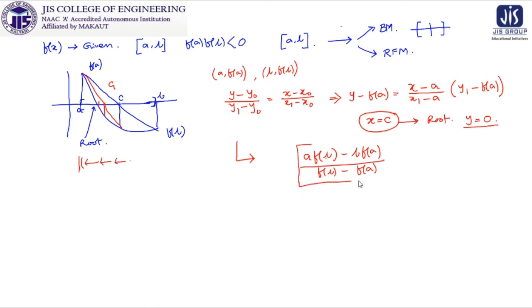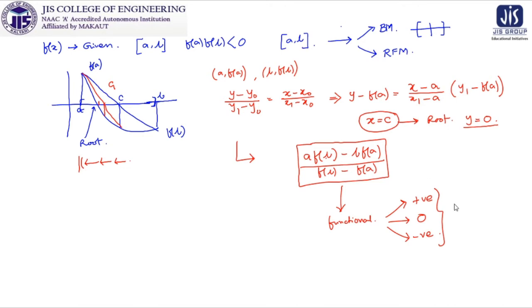We have to find this expression, and then check whether the functional value at this particular point is positive, 0, or negative. Why? I think it will be clear to you, because we discussed this in the last lecture.